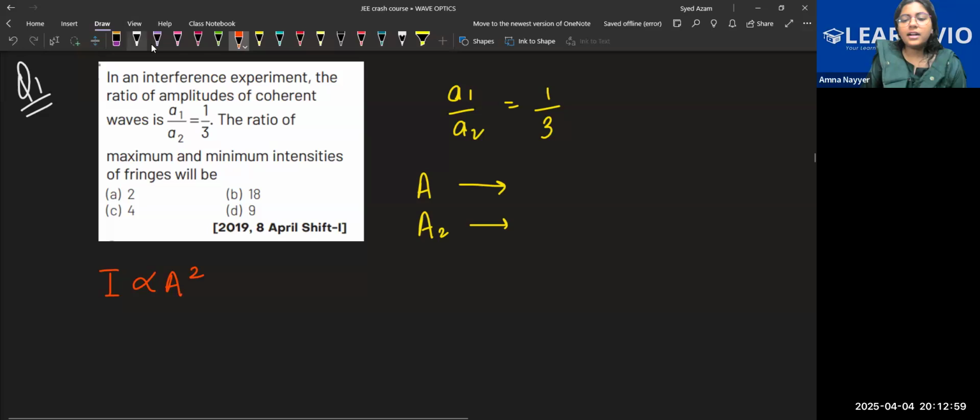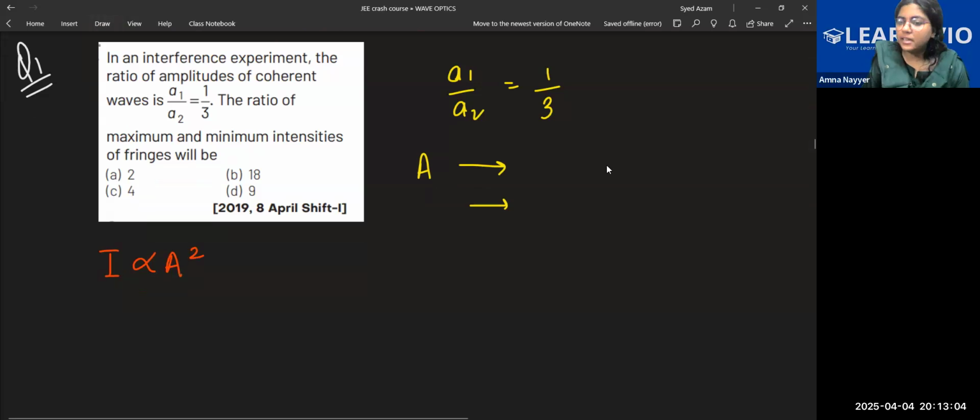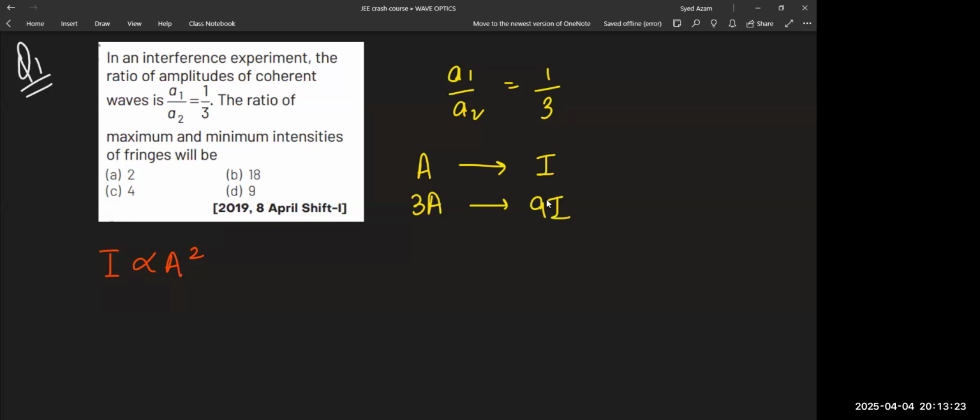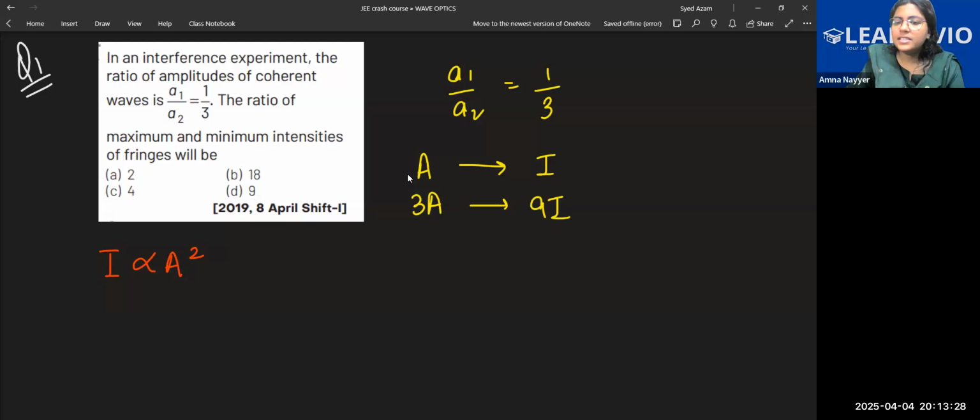So if the first one is A, so intensity, let's say, is I. It will be I only because 1 square is 1 only. But if amplitude becomes 3 times A, intensity will become 9 times I. Did you understand this? Using this only, amplitude square will be intensity. If this is 1 into A, this is I, this is 3 times it, so this becomes 9. So you have both the intensities with you.